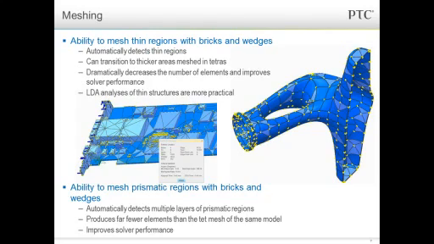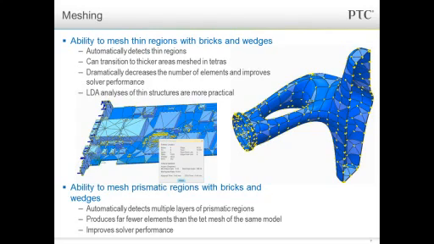So it automatically detects where there are thin areas. It can transition into thicker areas by making them tetras. This will dramatically reduce the number of elements, and it improves the solver performance. So if you look at creating a large deformation analysis for a thin structure, you can actually do it much faster in Creo 1.0 because of that.